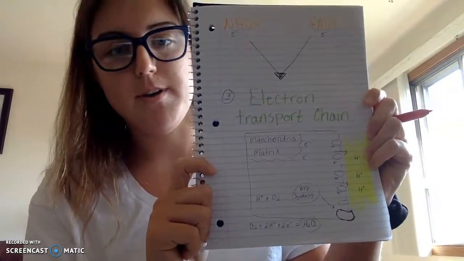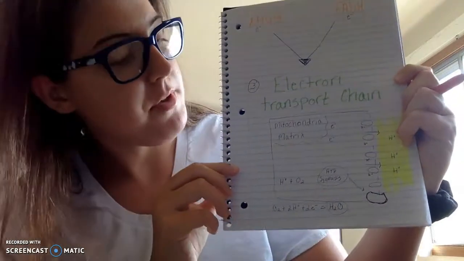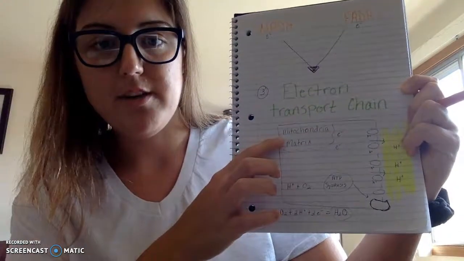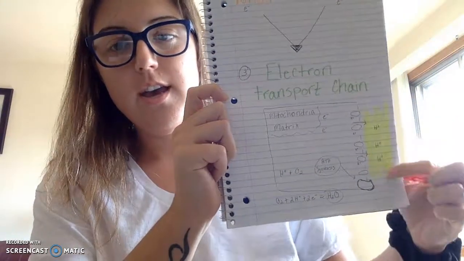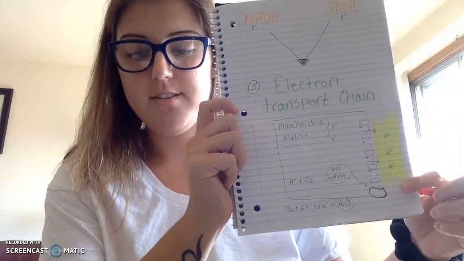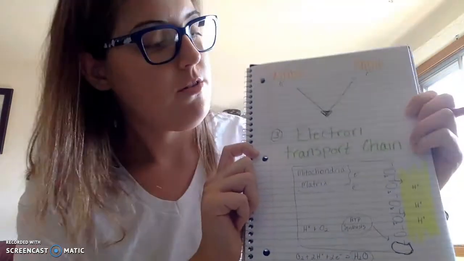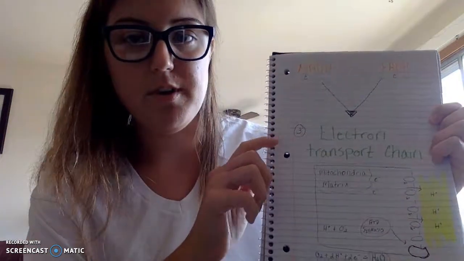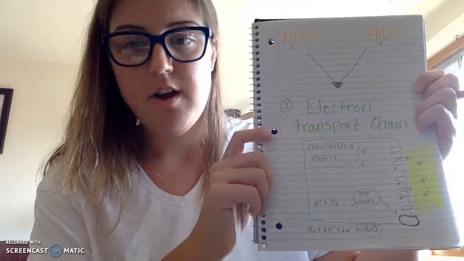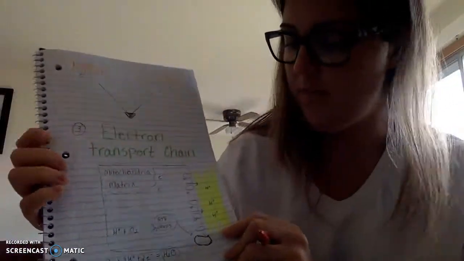So I know I'm not the best drawer, but I tried to kind of make a diagram here. We have the mitochondria matrix here, and then over here is the inner membrane space. So here we have the electrons that were given from the glucose, and they are going, I'm going to move over this way because I'm left-handed.